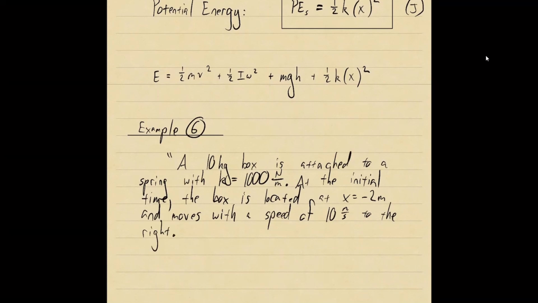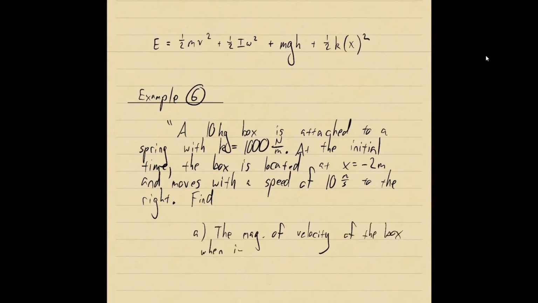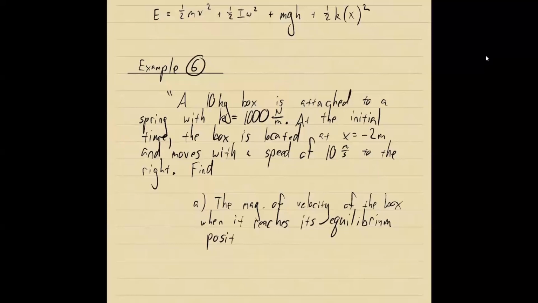So the problem wants us to find, for part A, the magnitude of the velocity of the box when it reaches its equilibrium position.